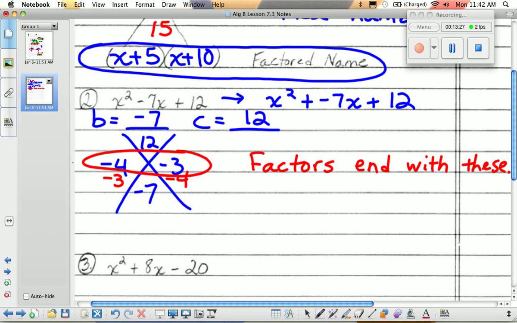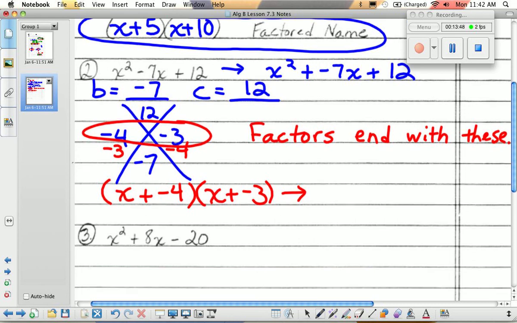So now we're going to say, okay, it's x plus -4, x plus -3, but of course we can clean that up. What are those factors cleaned up? X minus 4, x minus 3. No addition sign between those two sets of parentheses. We have multiplication going on here, a binomial times a binomial. If we FOILed it back out, it better get us to x squared minus 7x plus 12.